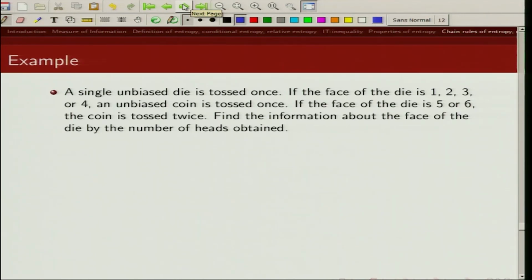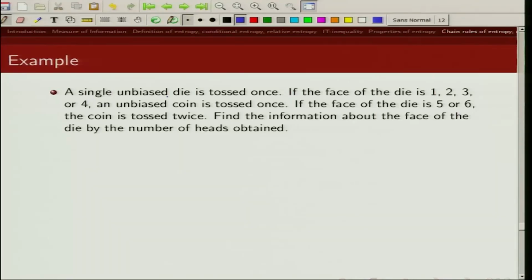Now we'll just conclude with one example to illustrate how to compute mutual information. You have a single unbiased dice which is tossed. This is a dice, so it has numbers from 1 to 6. Now if the face of the dice is 1, 2, 3 or 4, you toss an unbiased coin.